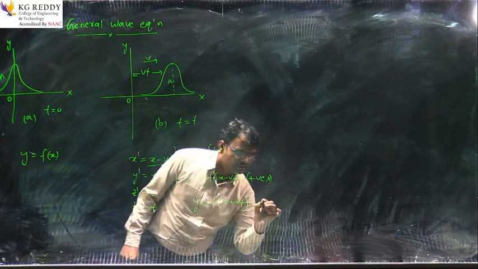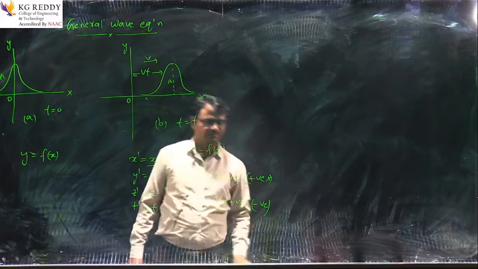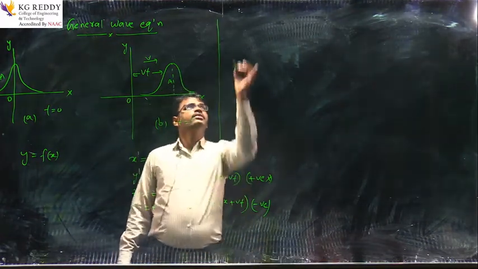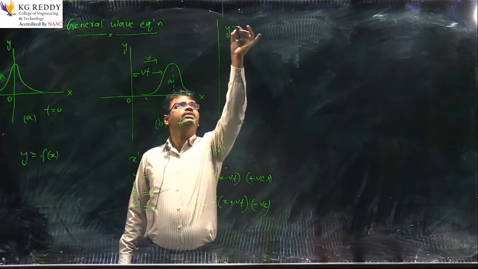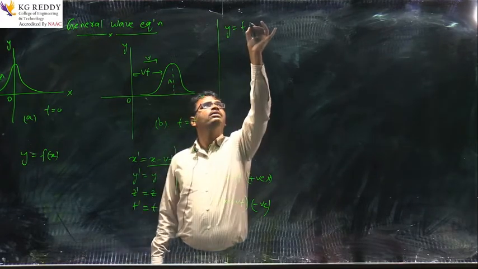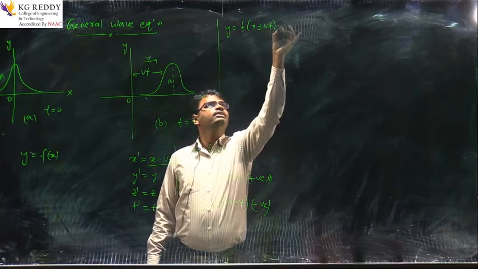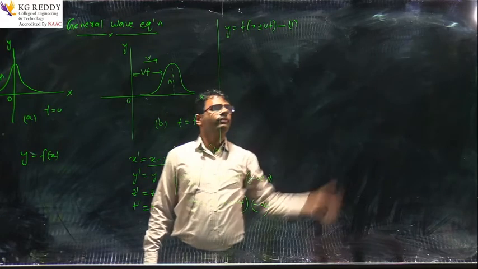This is the negative direction. Whatever may be, we can write y equal to f of x plus or minus vt. Let us say equation number 1.